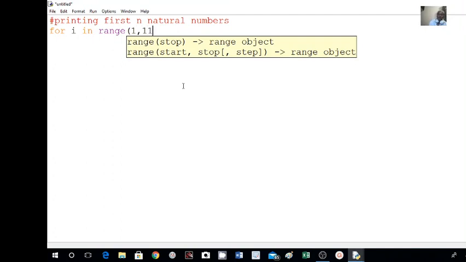Range means I start with 1 and take the values up to 1 less than this number. 11 is there, therefore I can go up to 10, and every time it is incremented by 1. That is the default. If we are not writing anything here, then every time i is incremented by 1.